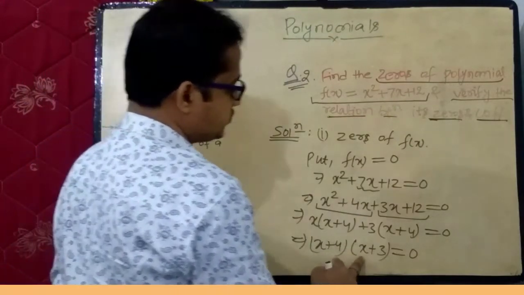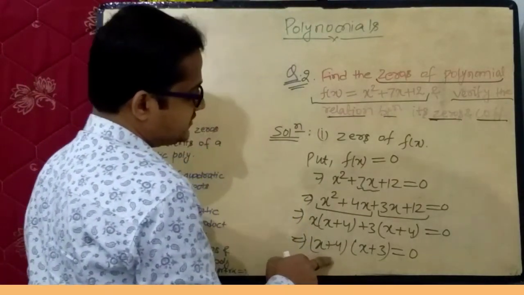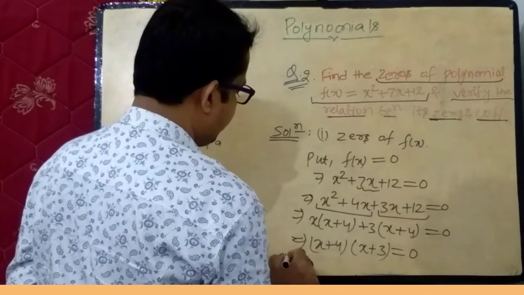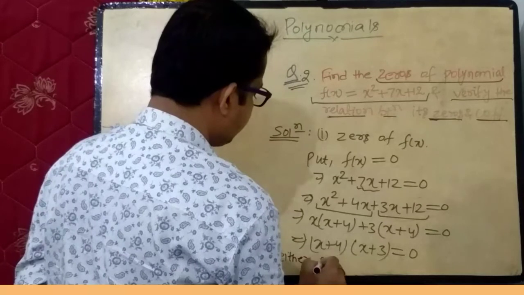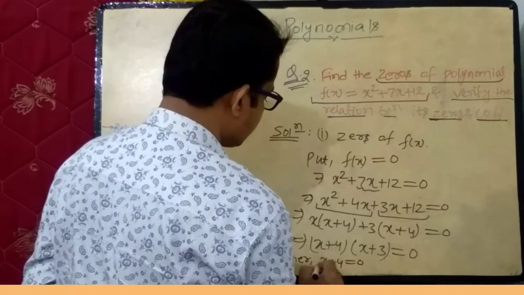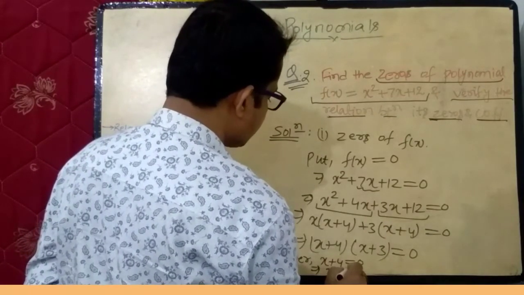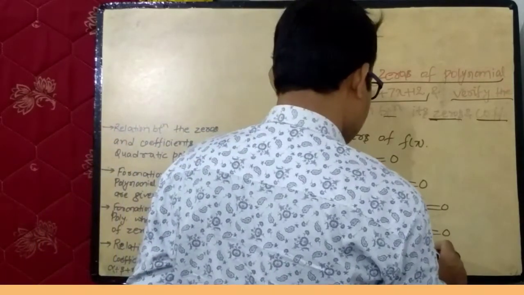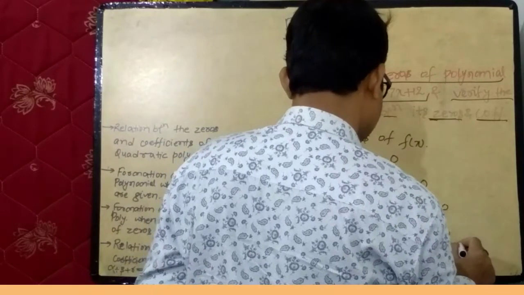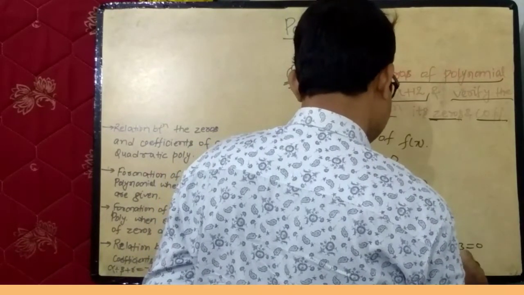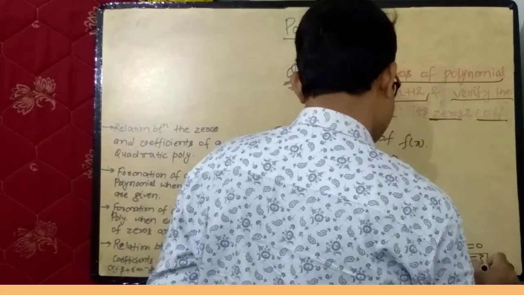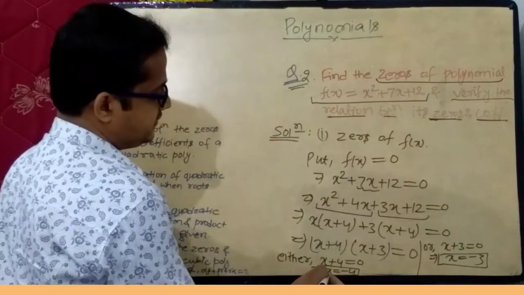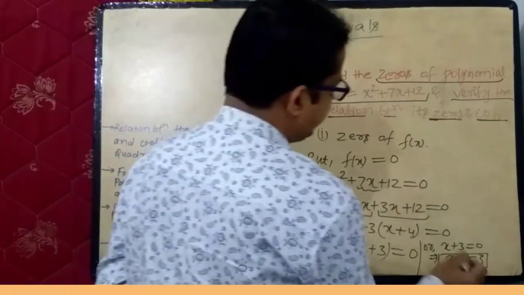If the product of these two terms is 0, then either this term is 0 or this term is 0. Then you can write either x plus 4 equals 0, then x equals minus 4, or x plus 3 equals 0, that is x equals minus 3. Then the roots of this polynomial are minus 4 and minus 3.